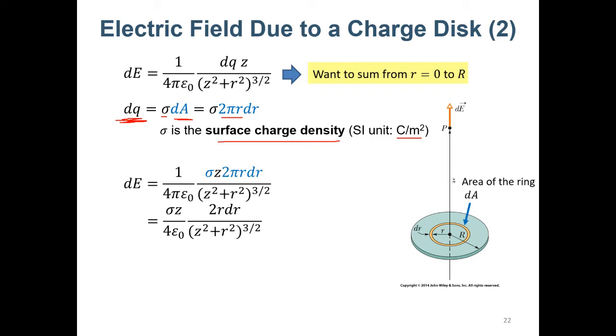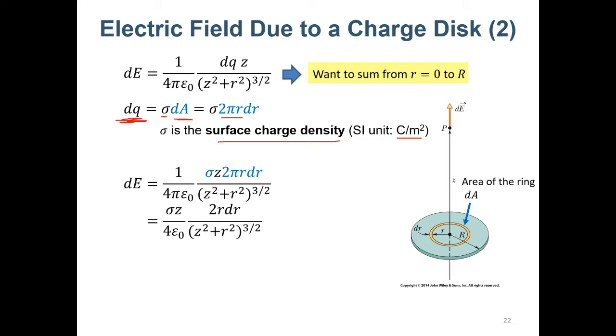Which means that suppose this ring, the height is dr, very small, and then you cut it. You can assume that you flatten it. It will be something like a rectangle.